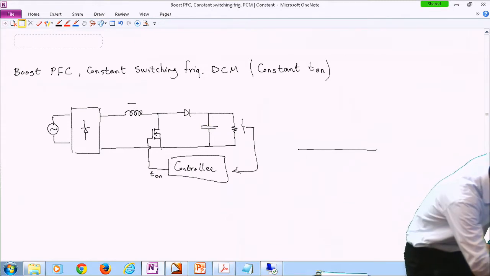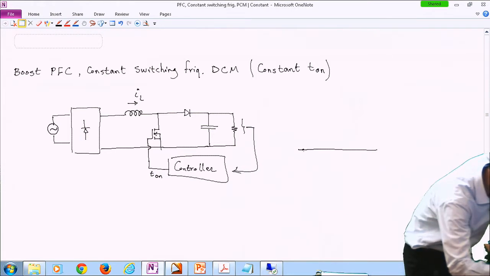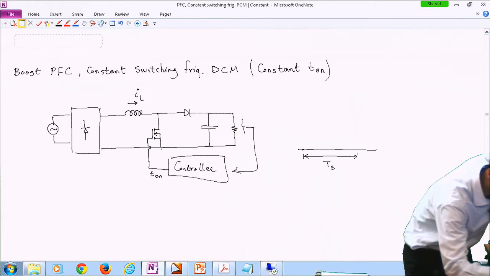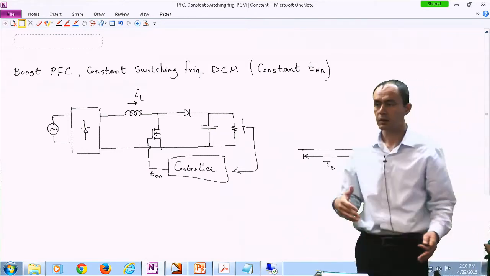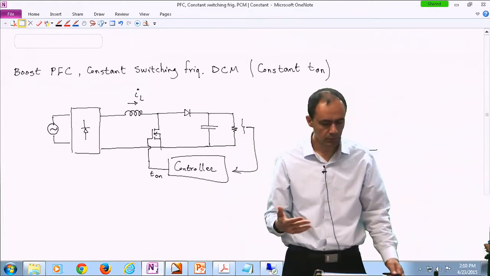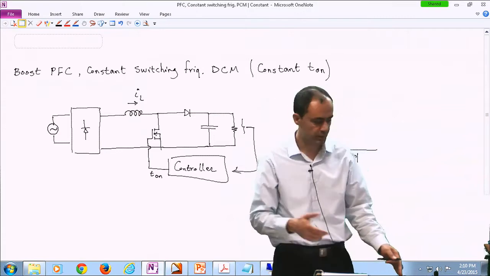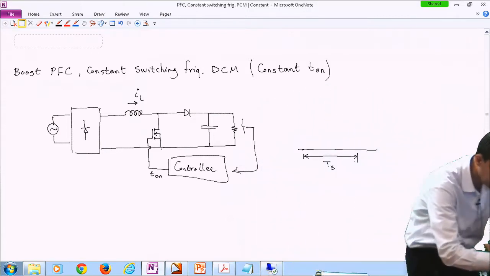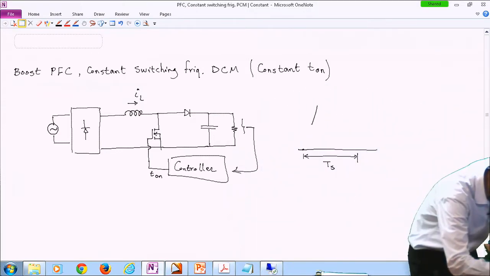If you look at IL, let's just say this is one of our switching cycles. It's operating at DCM. So we turn the switch on at the beginning of the cycle. So the inductor current ramps up linearly.